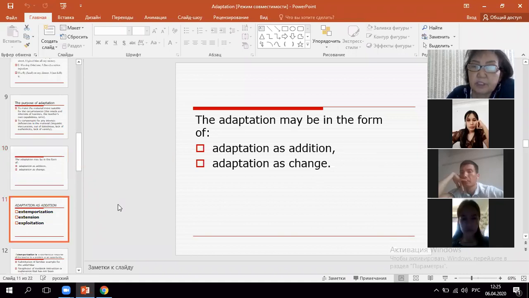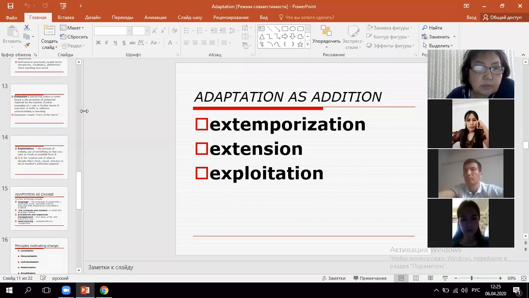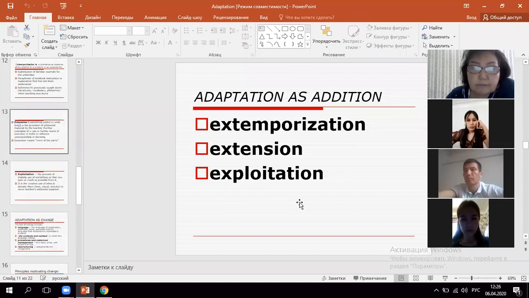So in adaptation as addition, there are three techniques, three ways: extemporization, extension, and exploitation. The terms are very difficult, yeah, but they are called so in methodological books. This is methodological terms, so that's why I should give them to you.